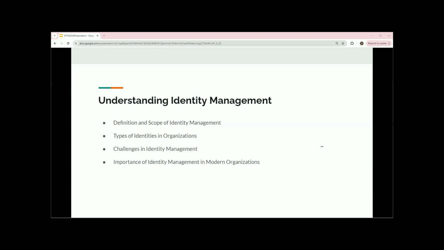So what is identity management? Let's try to understand it. It's a crucial part of running any organization, as you know. It focuses on tracking user identities within the systems and managing their access to various resources. There are a few key pieces to this puzzle that need to be looked at closely, for example, authentication, authorization, and accountability.